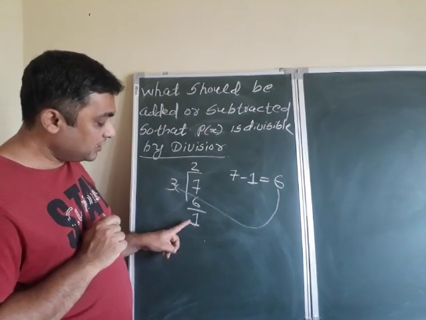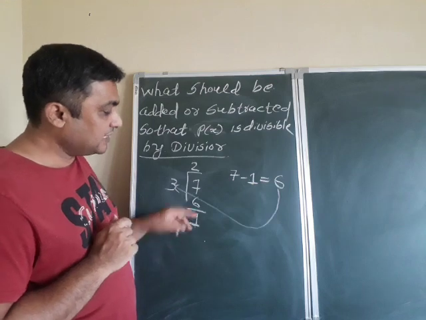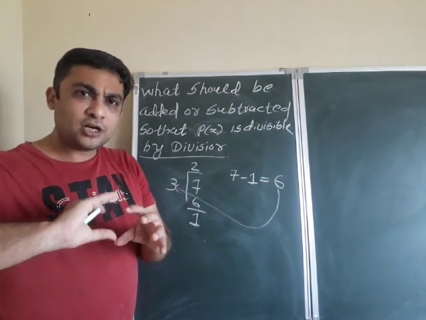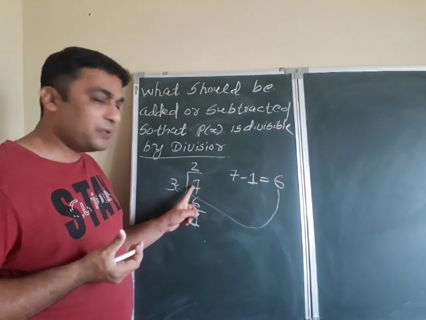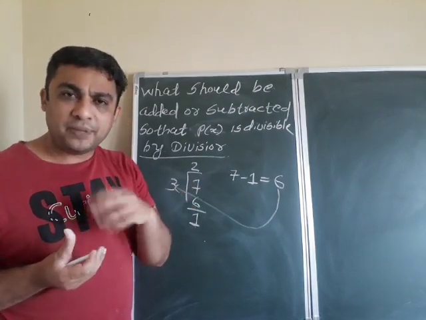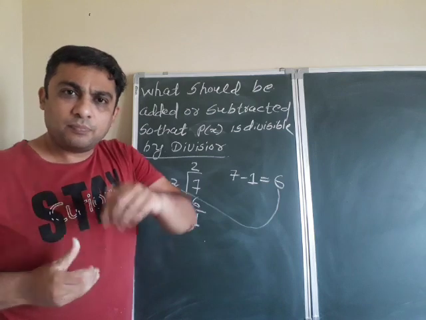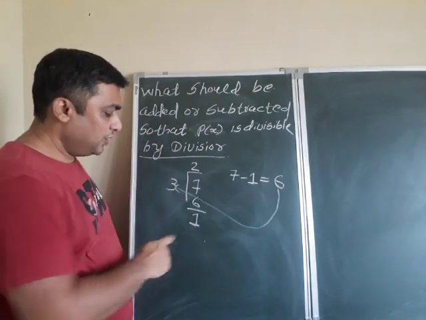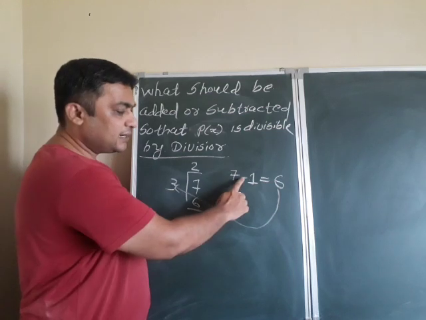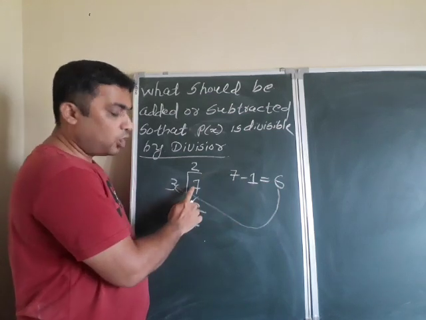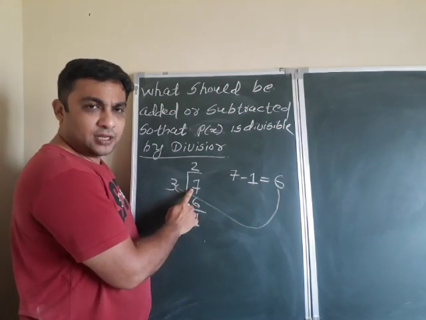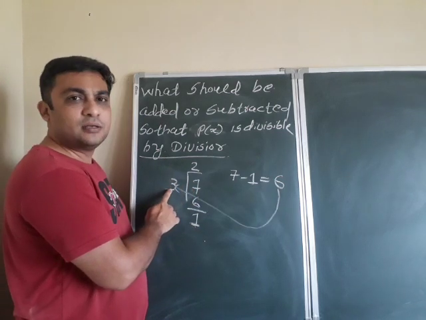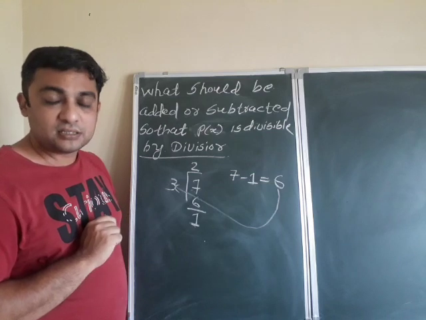The remainder you are getting now is the same that should be subtracted. So if you subtract the remainder from the given polynomial, then the polynomial becomes divisible by your divisor. Understood? See once again. If the remainder is directly subtracted from the given polynomial, then your polynomial is divisible by your divisor.